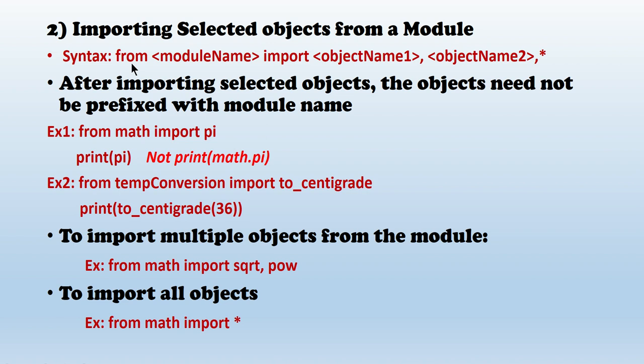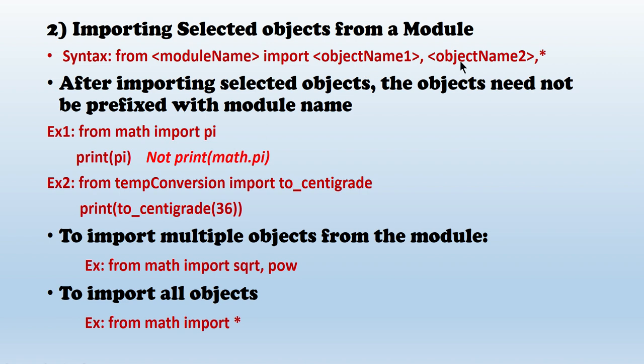You start with from, which is a keyword, and then specify the module name, from which module: math, temp conversion or random, whatever the module name is. Then import what you are importing. If you are importing functions, specify the function names.